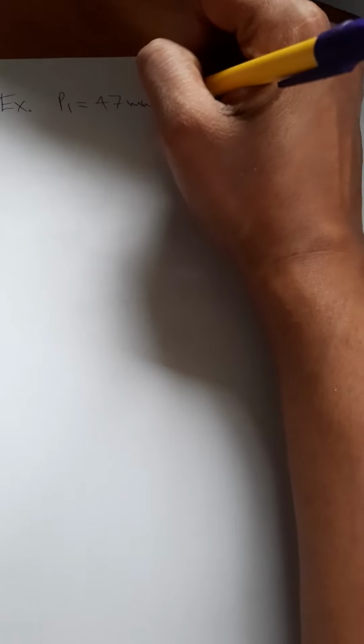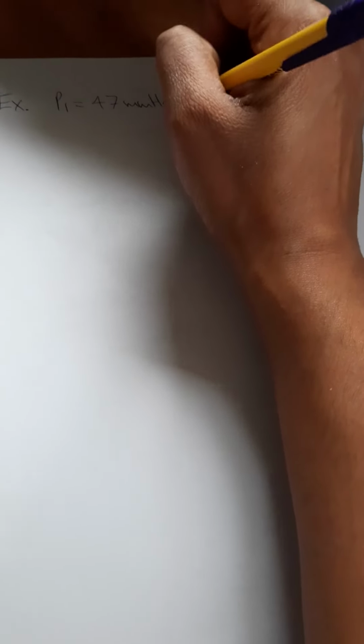For those of you who are not sure, this is mmHg, and this is actually the pressure that's used in thermometers, so there is a real world application to this. The gas container is initially at 47 millimeters of mercury and at 77 K. This is liquid nitrogen temperature, so T1 is 77 K.